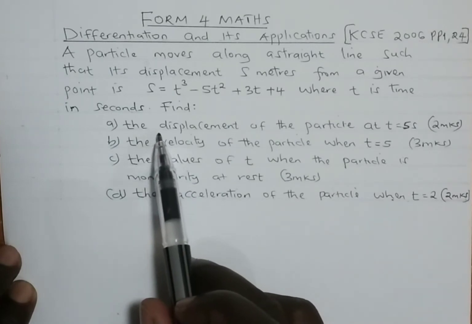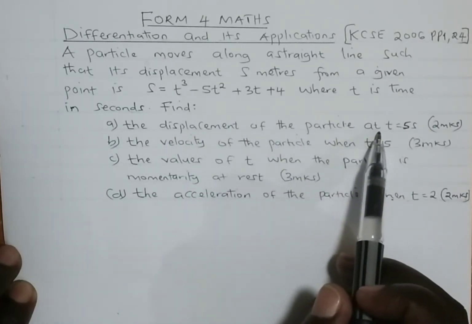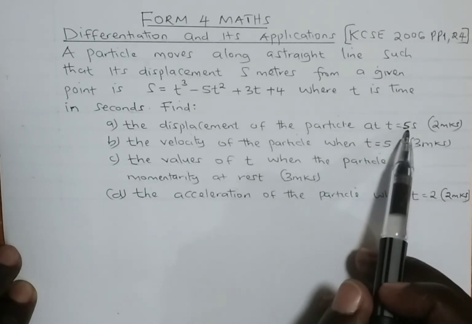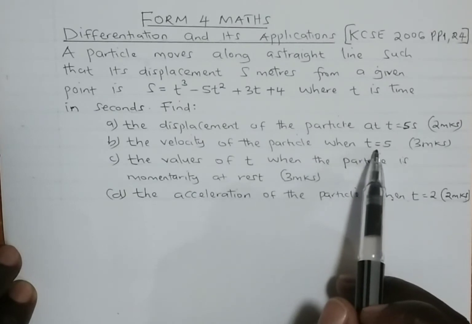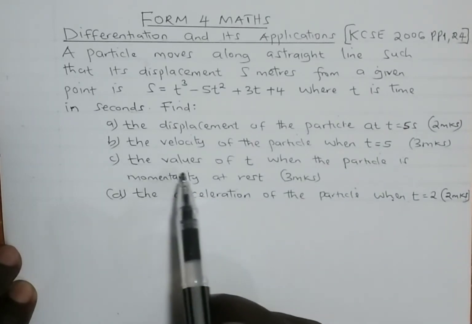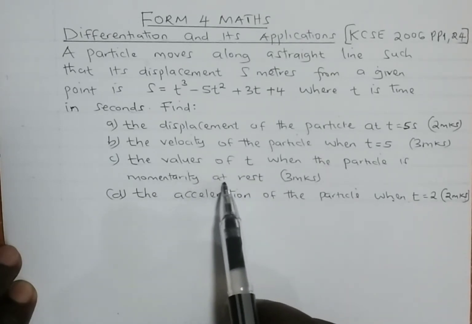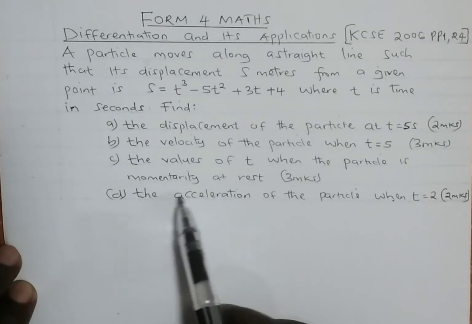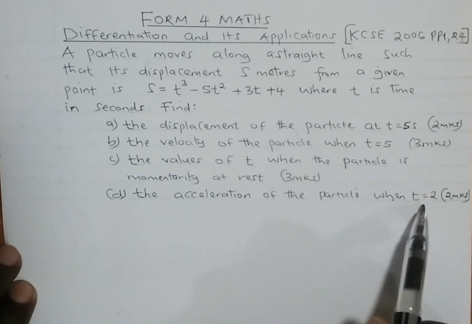Part A, find the displacement of the particle at t is 5 seconds. B, the velocity of the particle when t is 5 seconds. C, the values of t when the particle is momentarily at rest, and lastly, the acceleration of the particle when t is 2 seconds.